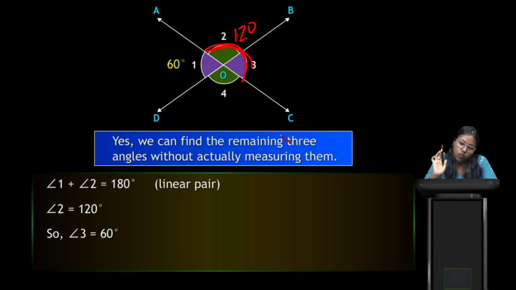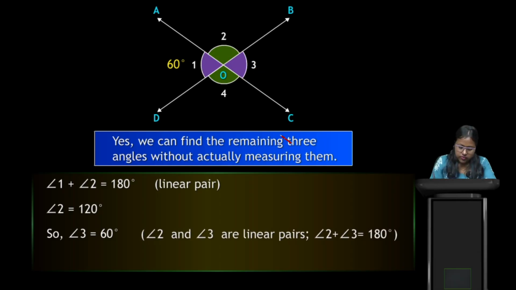Out of 180, angle 2 is 120, so if you subtract 120 from 180, you will have 60 degrees. That is the value of angle 3. Then 120 plus 60 gives 180 degrees. Okay.